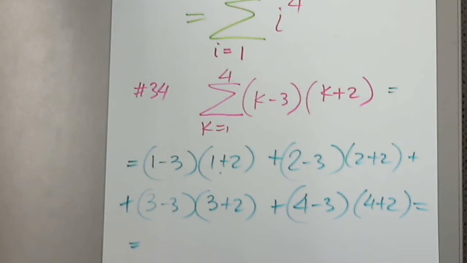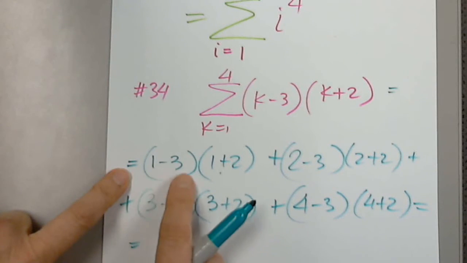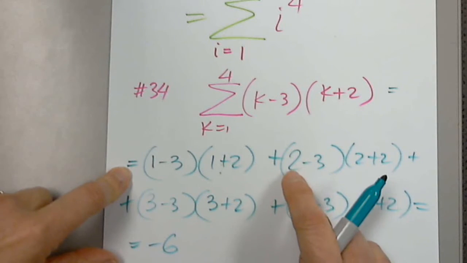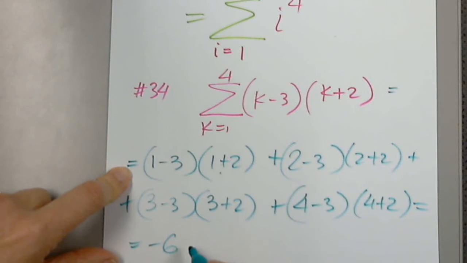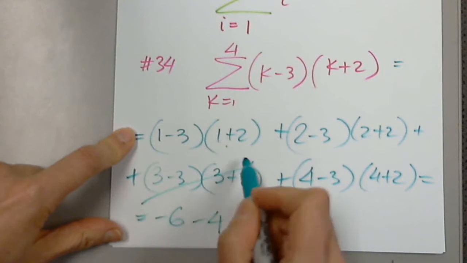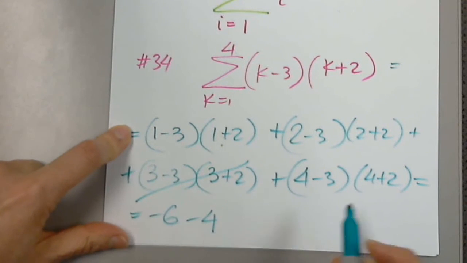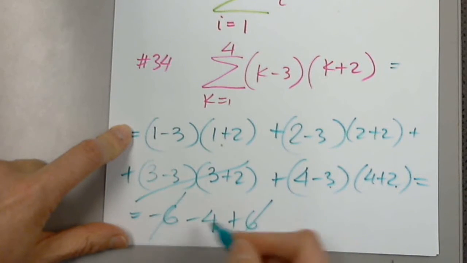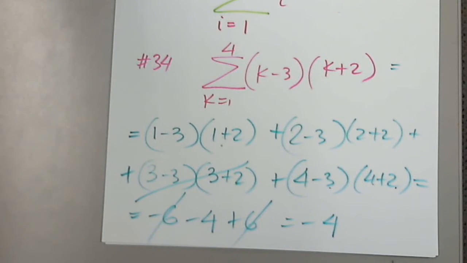I wanted to write them like this for everyone to see where they come from. And now we're going to calculate. Okay, 1 minus 3 is negative 2 and this is 3. Negative 2 times 3 is negative 6. 2 minus 3 is negative 1 times 4, negative 4. This is 0 because 3 minus 3 is 0. 4 minus 3 is 1. 1 times 6 plus 6. The answer is negative 4.